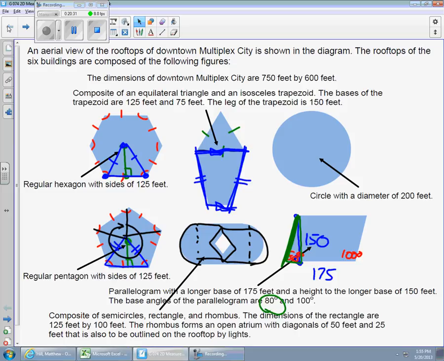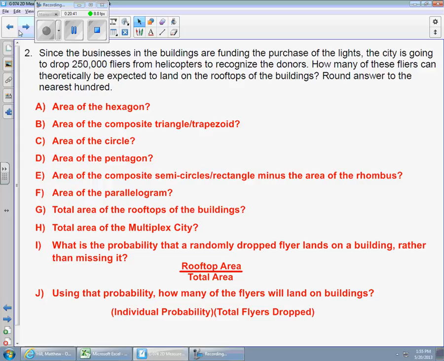It could land in there. So that rhombus, that's not grayed out, is not part of the area of the rooftops. So instead of adding that in, on E you have to take that area away. You're still going to have to find the total area, and the area of the rhombus, only it's a difference of the two this time.